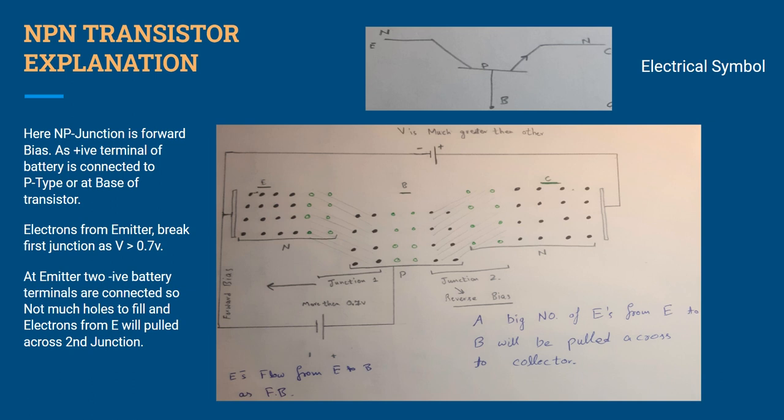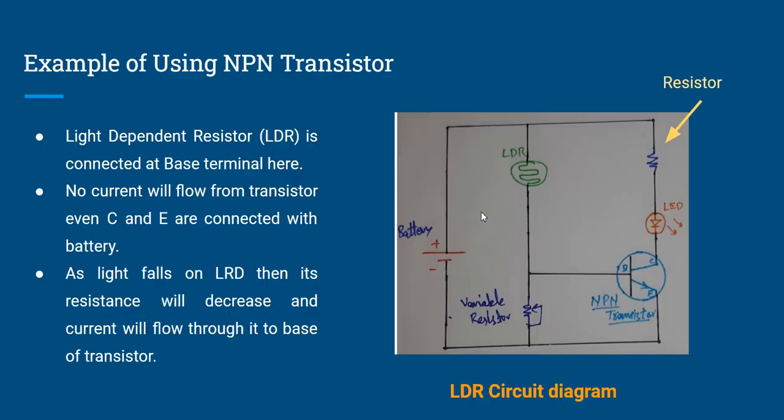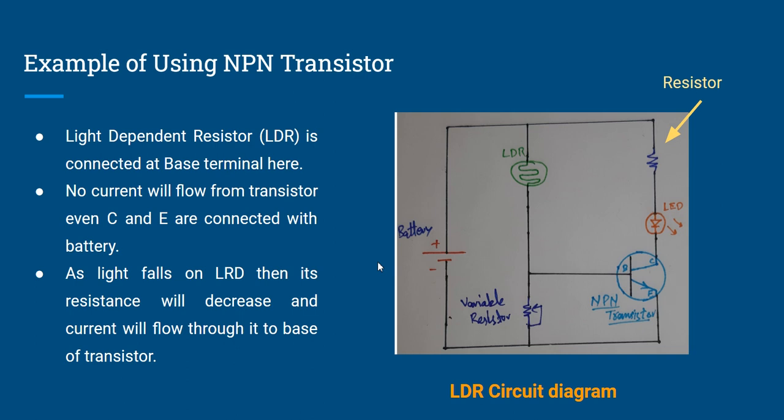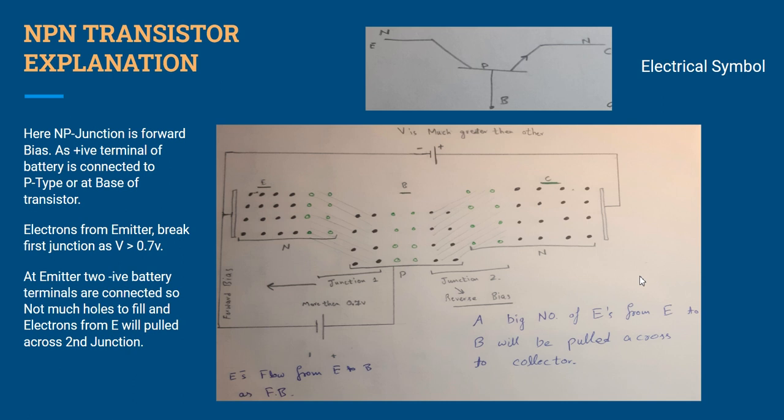Don't be confused that in normal diagrams I have the collector here and the emitter here, and this arrow is in a downward direction. Why? Because here I told you that I am using non-conventional current, because I want to teach you that the electrons flow, holes don't flow. But in real life, to make mathematics easy, we use conventional current, which always flows from positive to negative terminal.